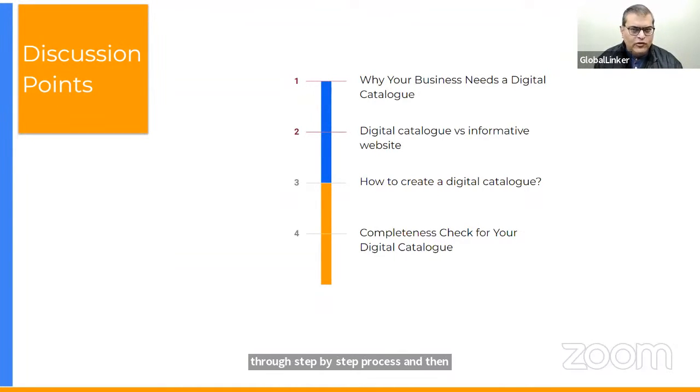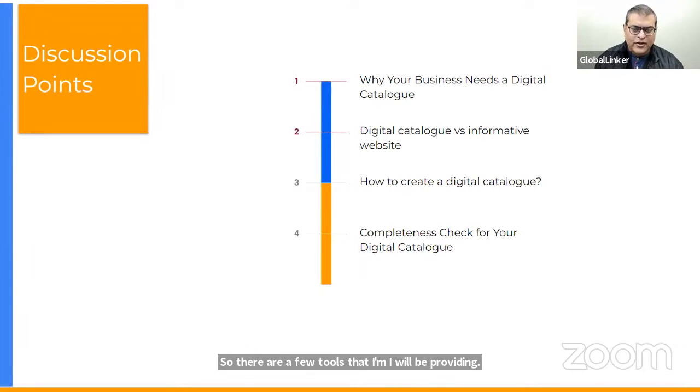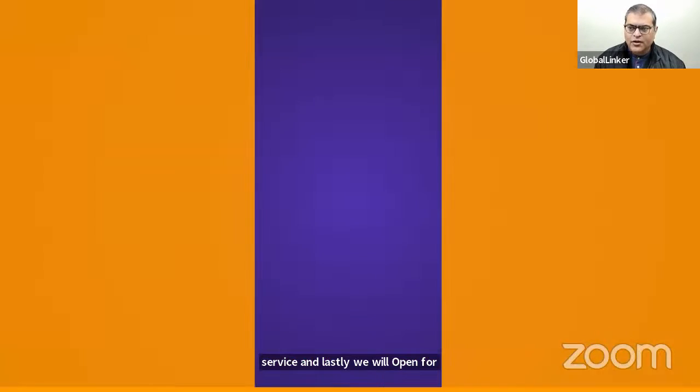There are a few tools that I will be providing so that you can evaluate for yourself whether your digital catalog is complete or not, and then we'll move on to how to avail digital catalog setup service, and lastly we will move into an open discussion session.